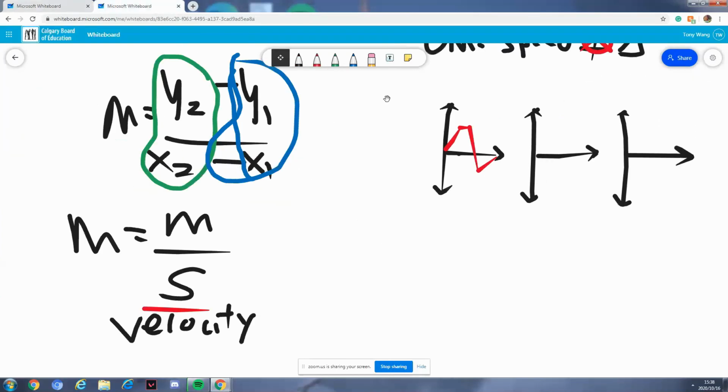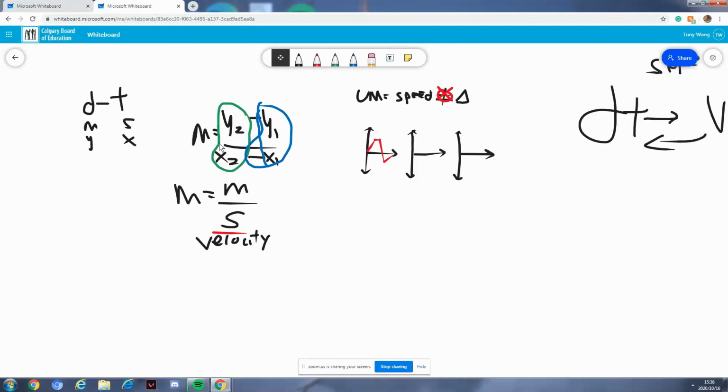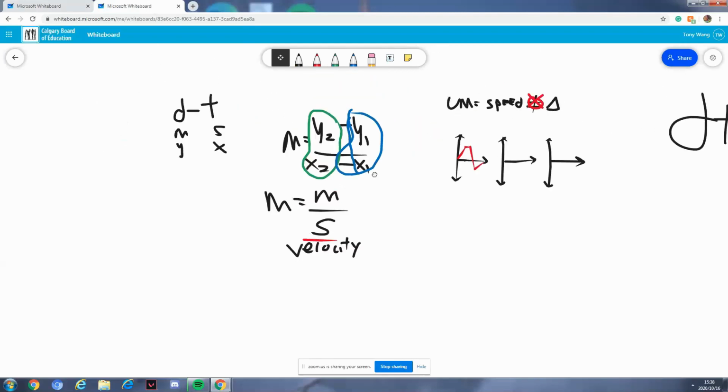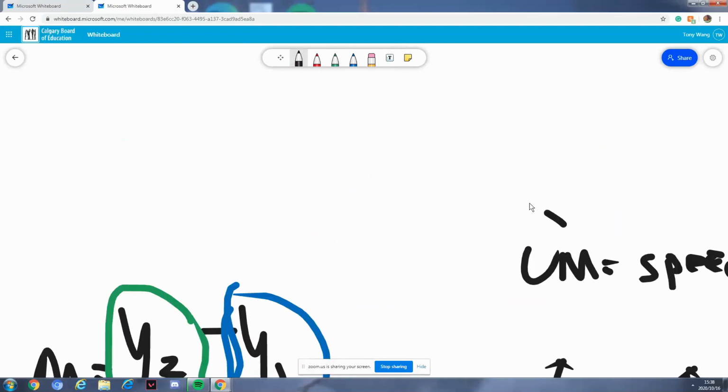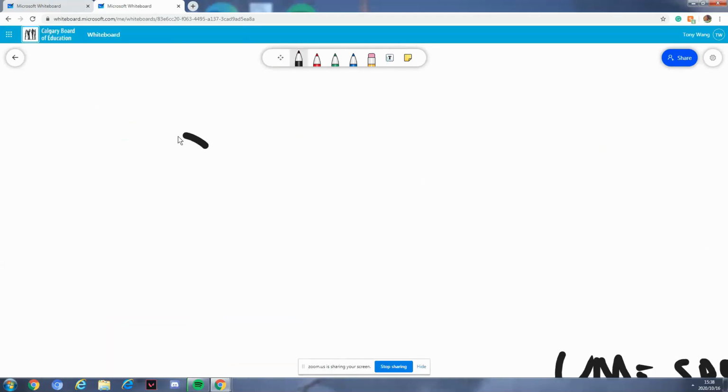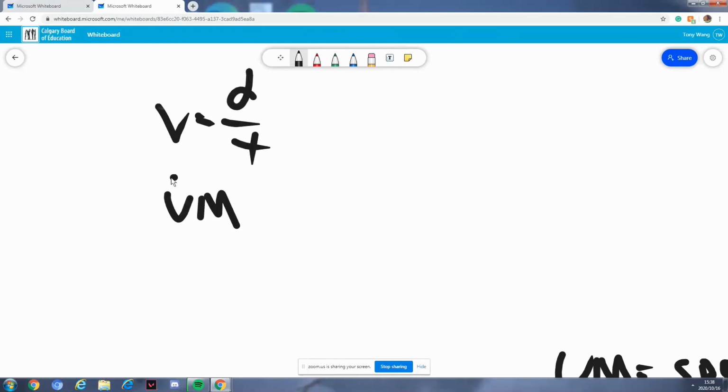It doesn't matter, but for the sake of time, we're going to use d over t. Oh wow, that was embarrassing. Okay, hold on. So v equals d over t, and remember this formula only works for uniform motion.